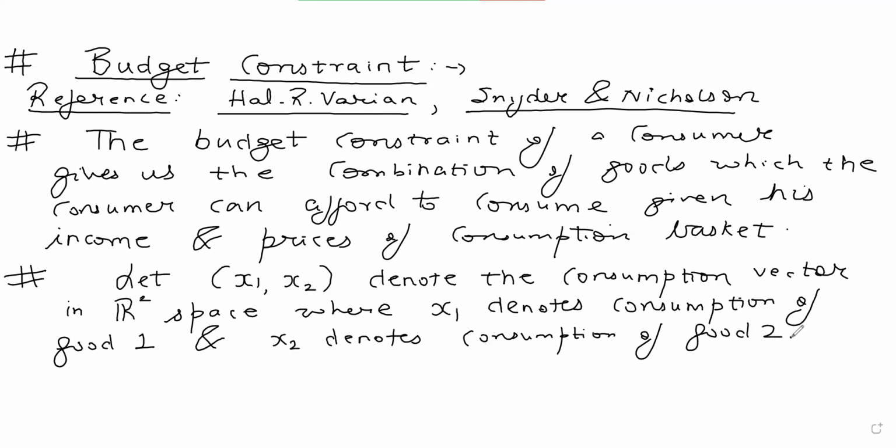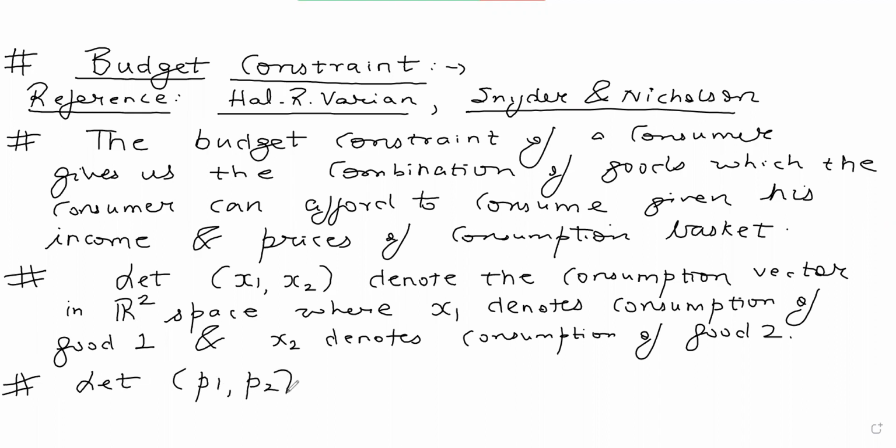Okay, so X1, X2 is a consumption vector in the R2 space. This is not R square, guys. This is R2. We have done this in our mathematical methods for economics part 2 course, when we did functions in several variables. So X1, X2 denotes the consumption vector in the R2 space.